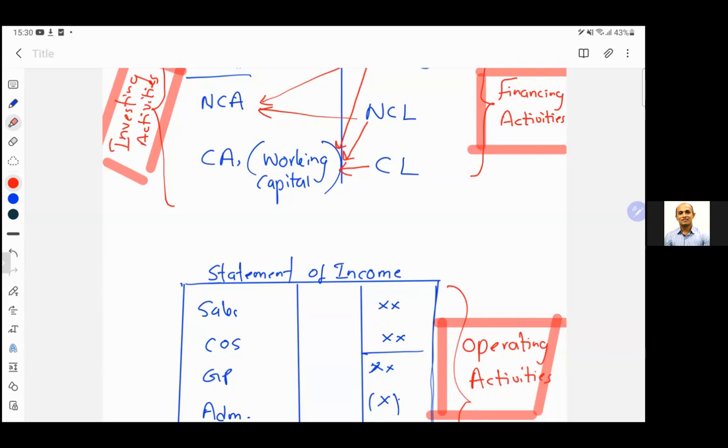Now, in many cases, you see the accountant is part of the company's strategic management. Earlier, the accountant's role was to maintain the accounts, timely produce financial statements, and give those financial statements for managerial decision making.